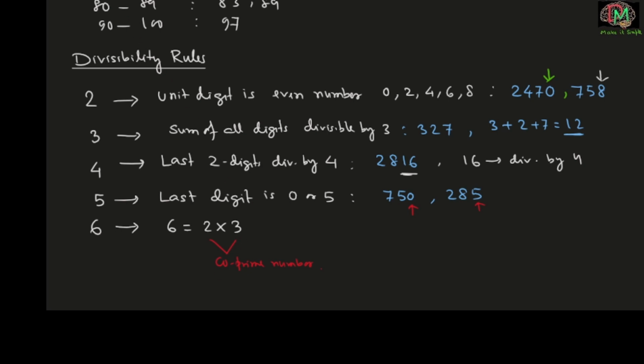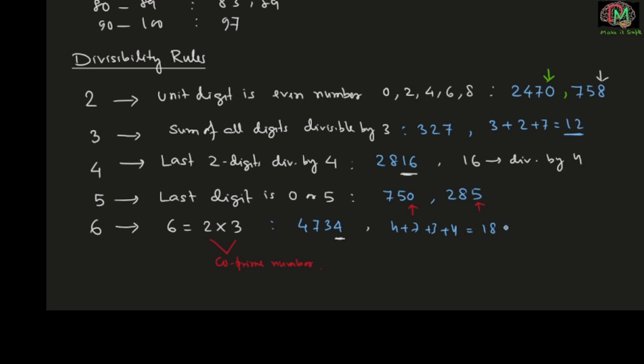So let's take one example, 4734. Why is it divisible by both 2 and 3? Because the last digit 4 is an even number, so it is divisible by 2, and if we add all the digits, 4 plus 7 plus 3 plus 4, we get 18.